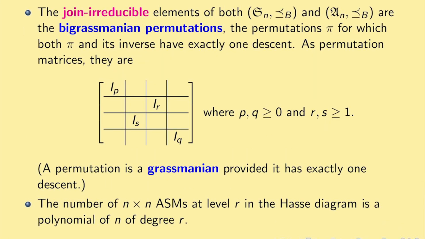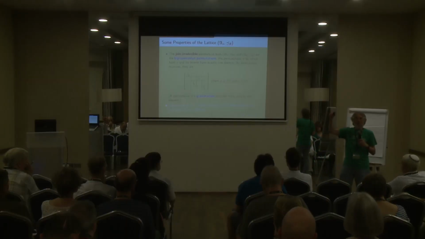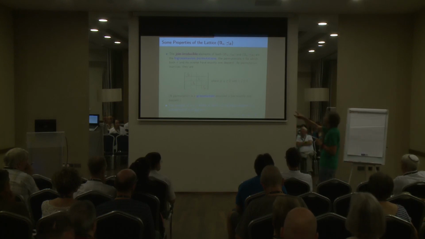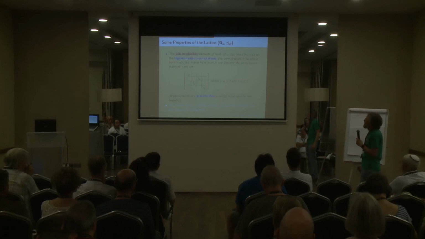All right. Let me just mention here, this lattice has some interesting properties. There's this notion of a bi-Grassmannian permutation, okay, which has one decrease. A Grassmannian permutation has one instance where a bigger one precedes a smaller one as you go down. A bi-Grassmannian is something where you have that property for both the permutation and its inverse, okay?